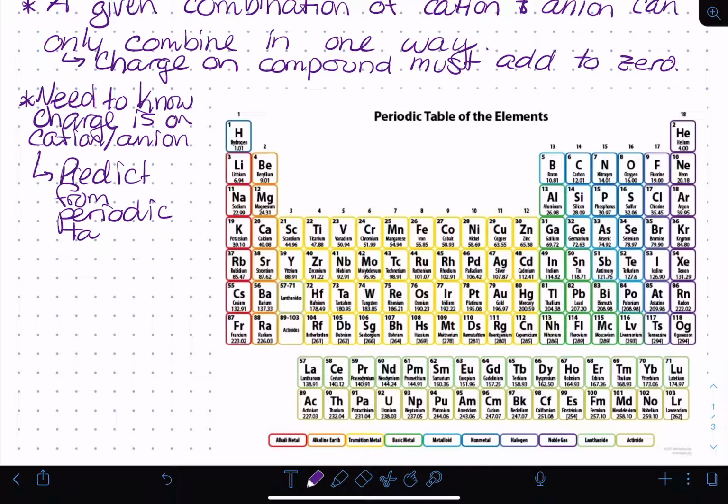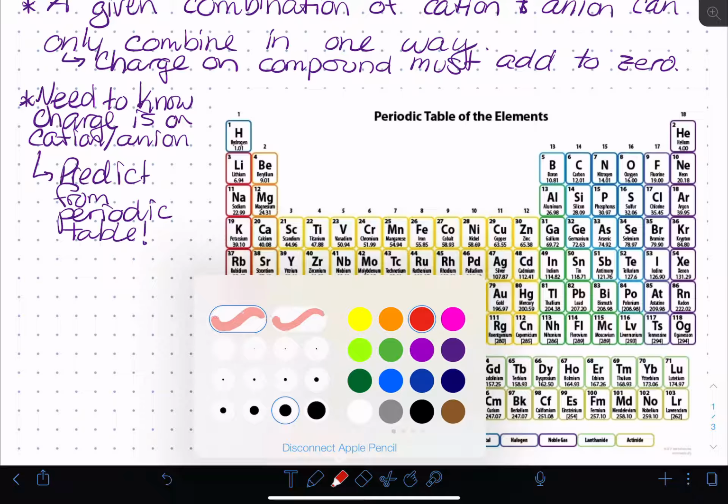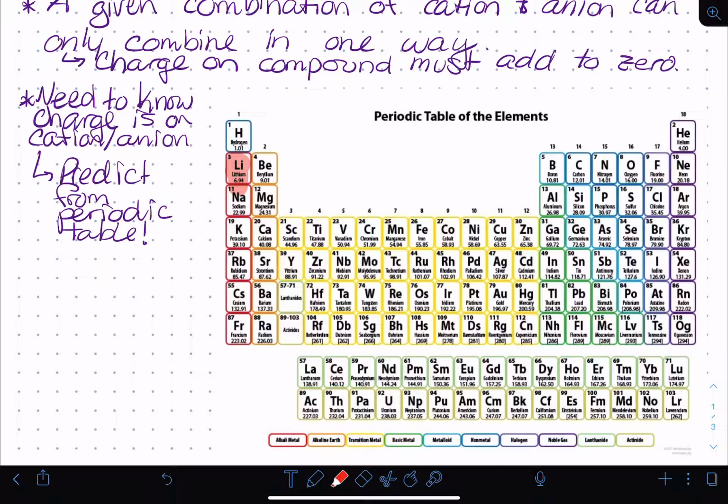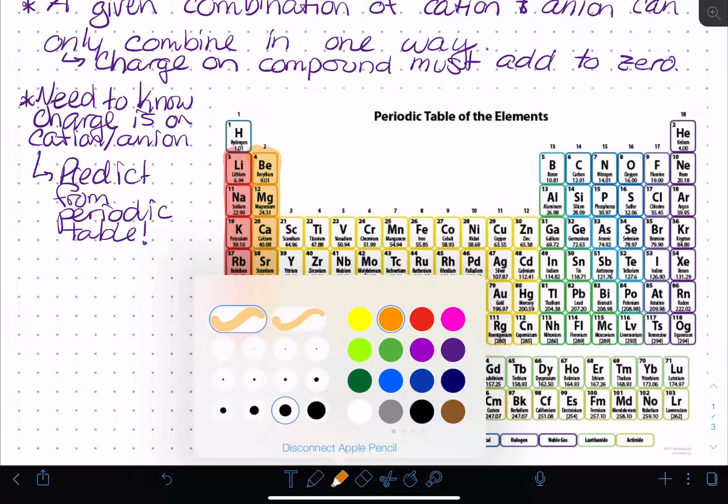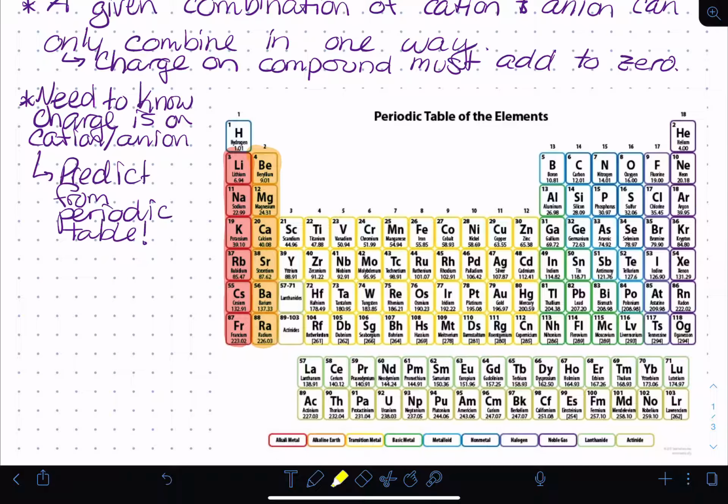So just by looking at what family something is in, we're actually going to be able to predict what charge it has. So the families are the columns on the periodic table. So each family or each area here is going to have somewhat different properties in terms of its charge.